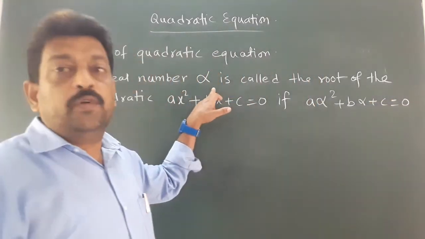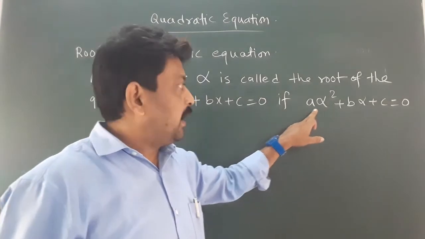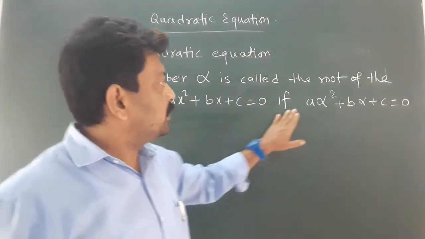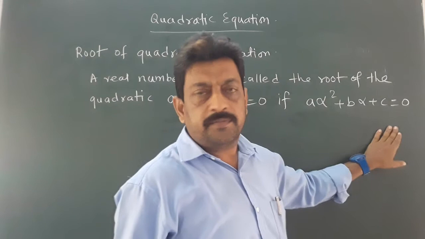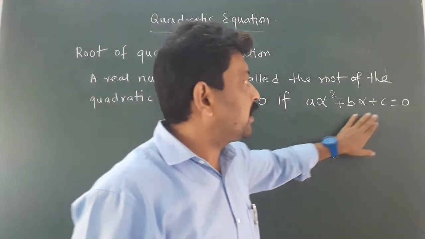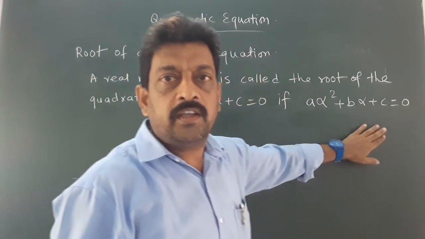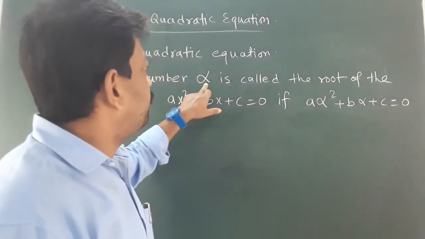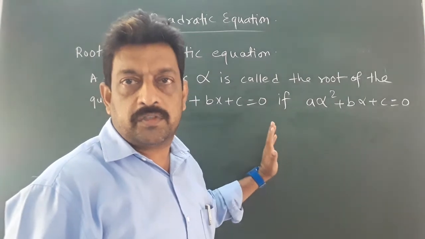So if we put the value of alpha here and it satisfies this equation, that is, both the LHS and RHS, the left hand side and right hand side, become equal, then we can say that alpha is a root of the quadratic equation.